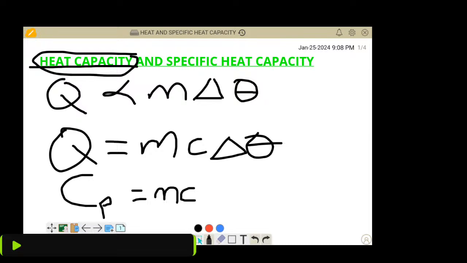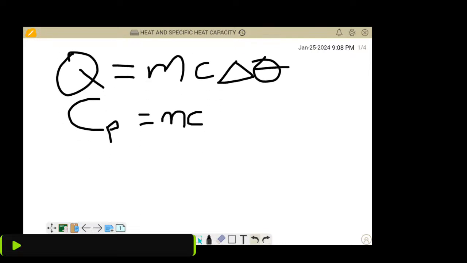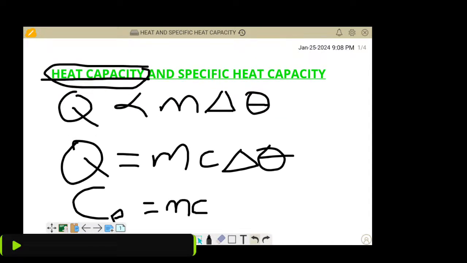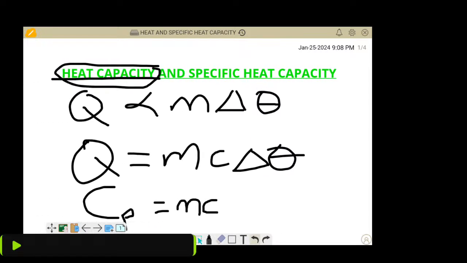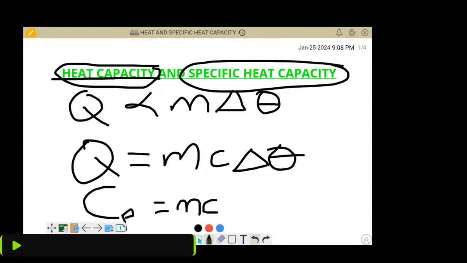By definition, specific heat capacity of a body, which is represented with small c, can be defined as the quantity of heat required to raise the temperature of a unit mass, that is 1 kilogram, of a given body by 1 degree Celsius or 1 Kelvin.